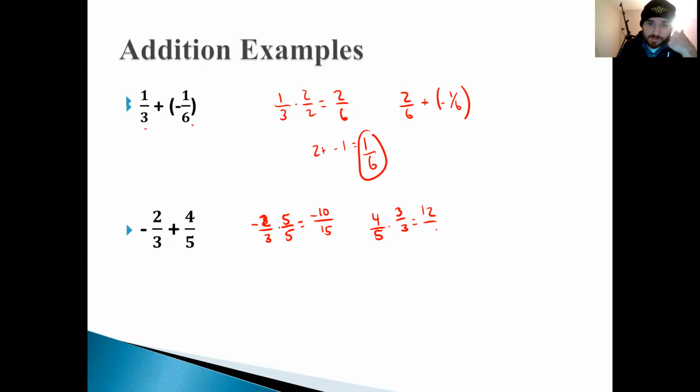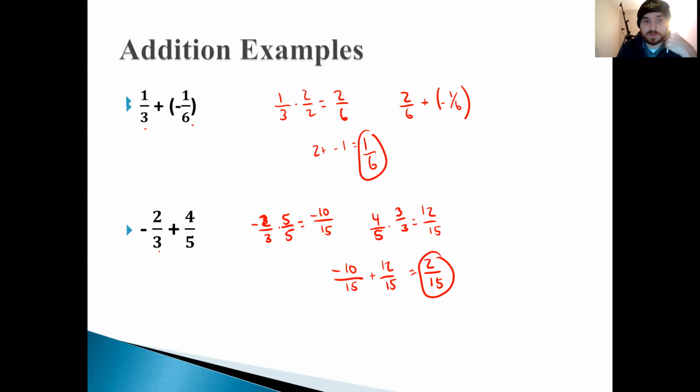It's going to give us 12 over 15. So we can rewrite our problem as negative 10 over 15 plus 12 over 15. Negative 10 plus 12, we take the symbol of the bigger one. That's the positive 12. 12 minus 10 is 2, so we have 2 over 15. And we're done with that one.